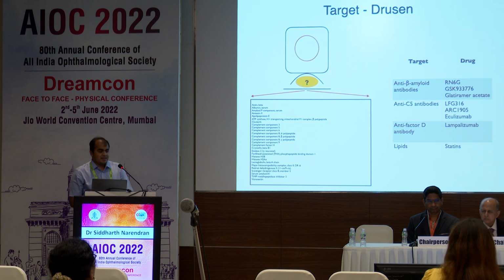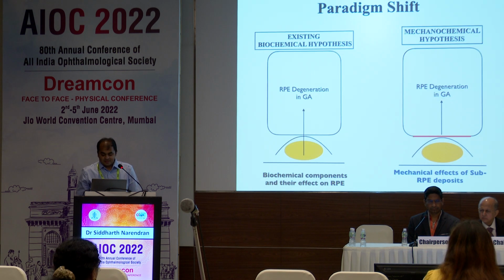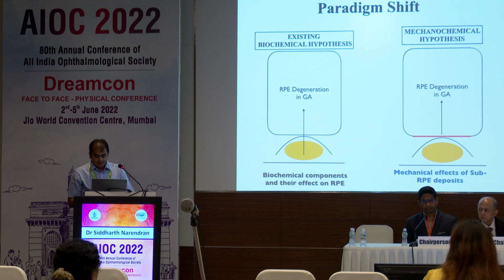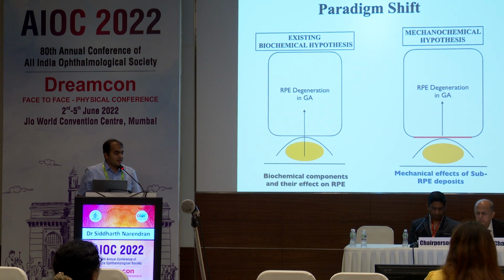The past 3 decades of AMD research has focused on identifying the biochemical components of the drusen, and targeting these individual components has been the dominant therapeutic strategy in AMD over the past 3 decades. But our results suggest an alternative to this existing biochemical hypothesis: a mechanochemical hypothesis where, irrespective of what gets deposited, just the mechanical effects of these deposits are sufficient to cause RPE degeneration and neovascularization.